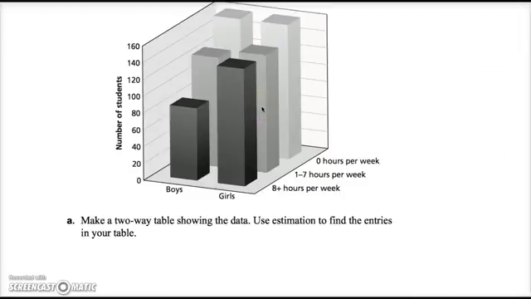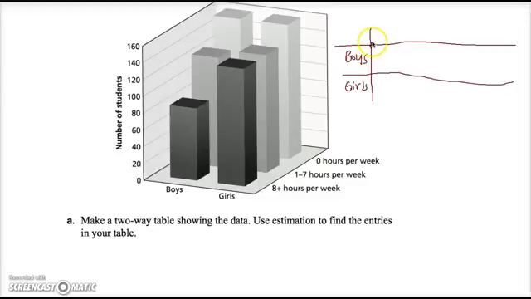But first thing we need to realize is what the two categories are. We have gender, boys and girls, and we have the number of hours per week. Okay, so I'm going to put boys and girls over on the left. Well, that's not a straight line, but we'll go with it.